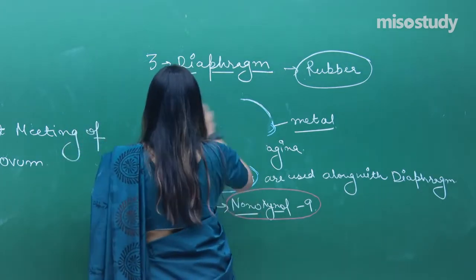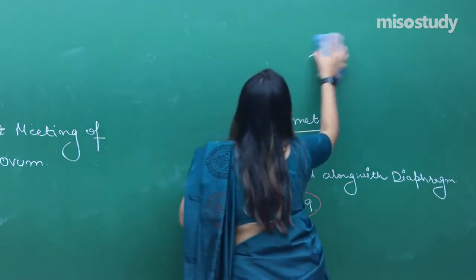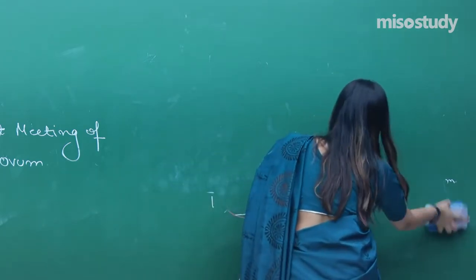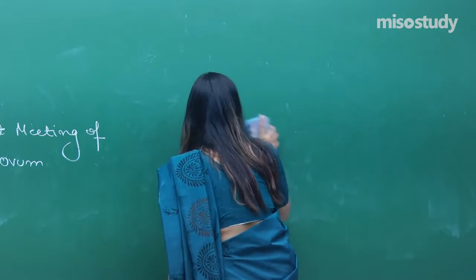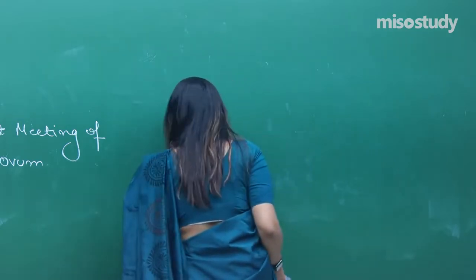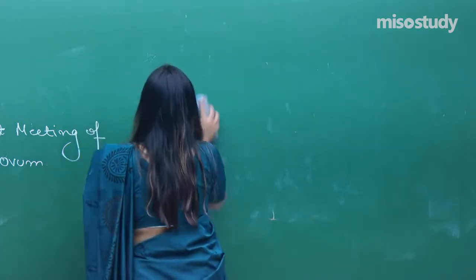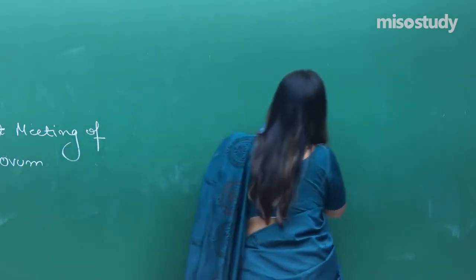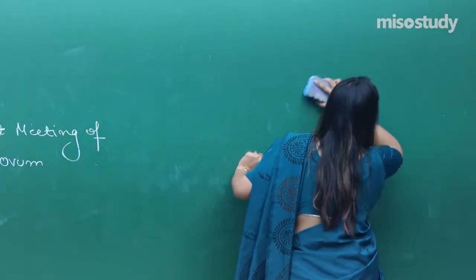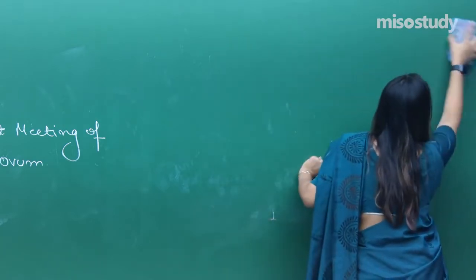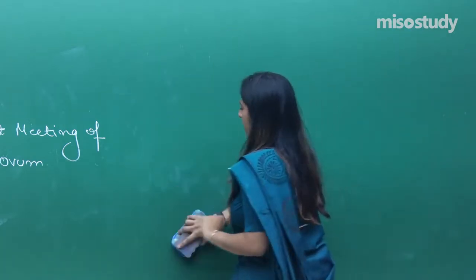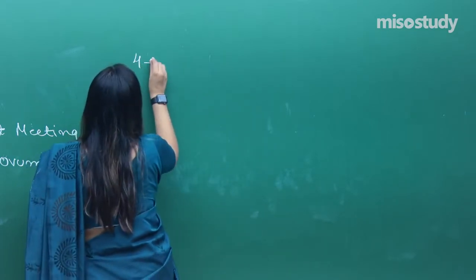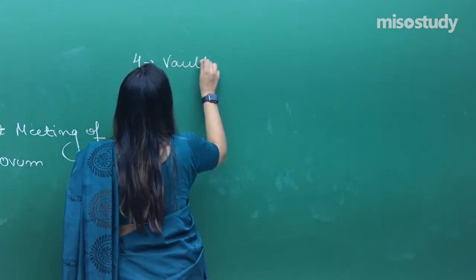Other than that, we have some other, that is a vault cap. Similarly, like that of a diaphragm, vault caps are also there, right? Fourth we have is the vault cap.